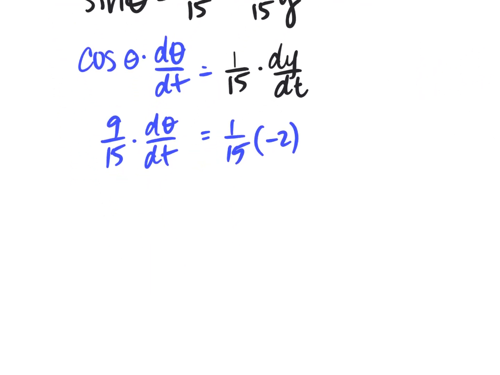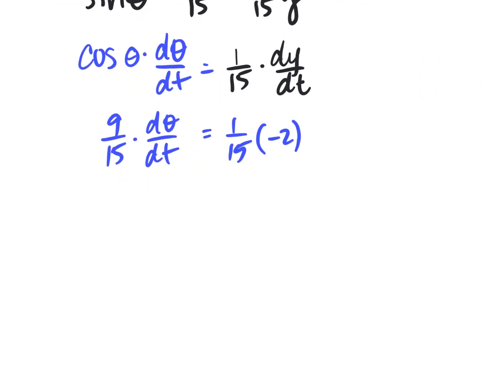Dividing by 9/15 is the same as multiplying by 15/9, because this is non-calculator. These cancel, I'm left with d theta dt. These cancel, and I'm left with 1/9 times negative 2, which would be negative 2/9, but it's a rate.